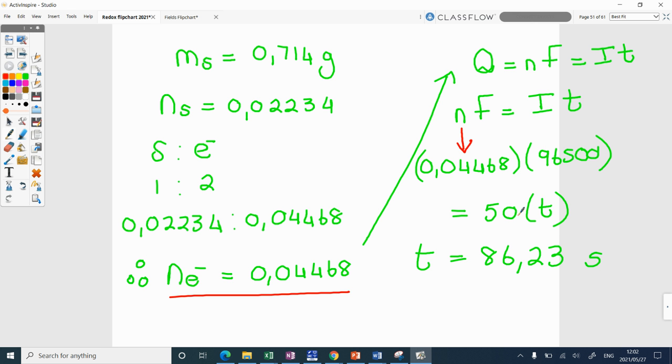Please note that 50 amperes is a high current. There's no way I can produce this in the lab. That will kill you. That is why this industry is expensive, because the currents we need are super high. Then we did the maths and we got the time. So if you get stuck, just start with some form of equation. Just start, and the two should lead you to each other.